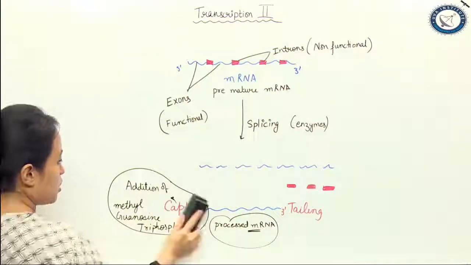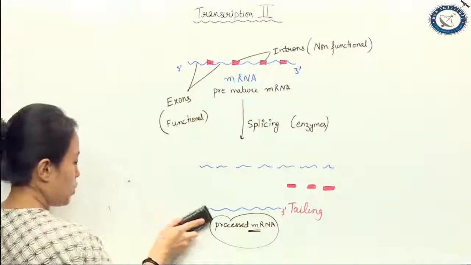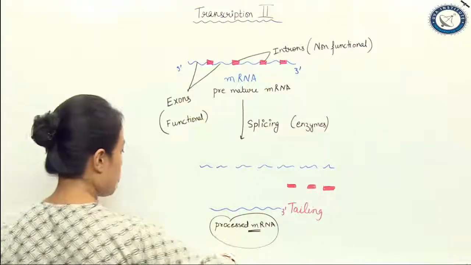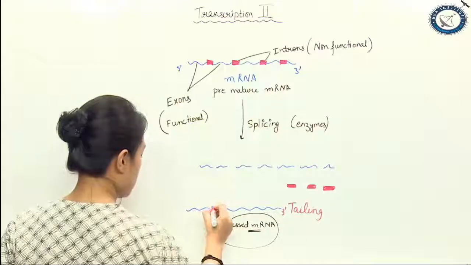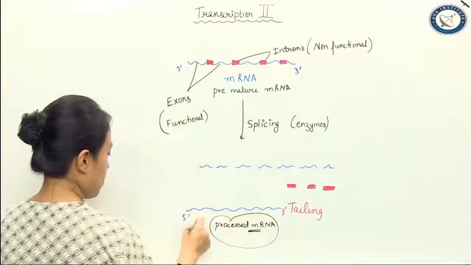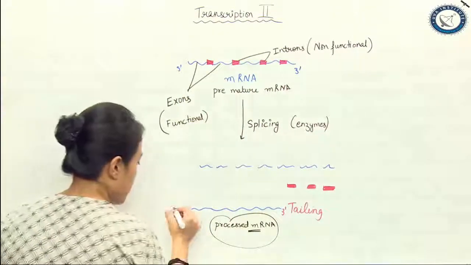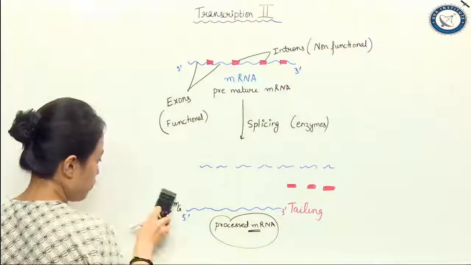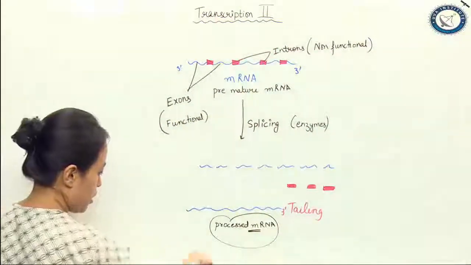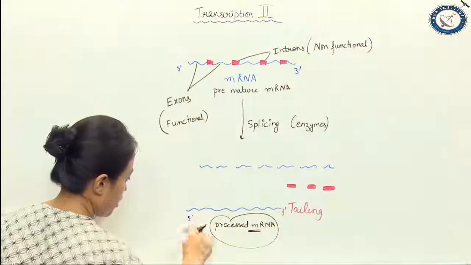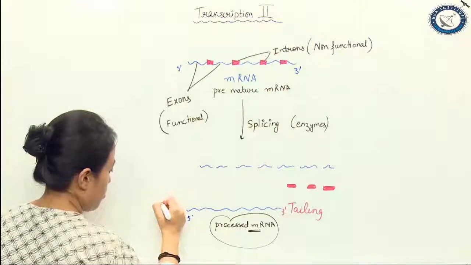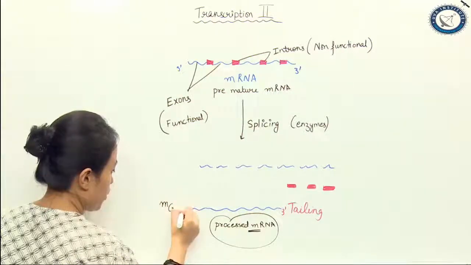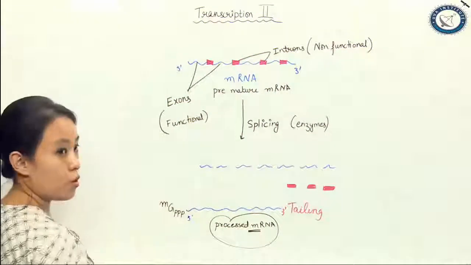That means at the 5' end, in order to make a completely processed mRNA, which would be ready to do the translation process, at the 5' end I will add methyl guanosine triphosphate with the process known as capping.